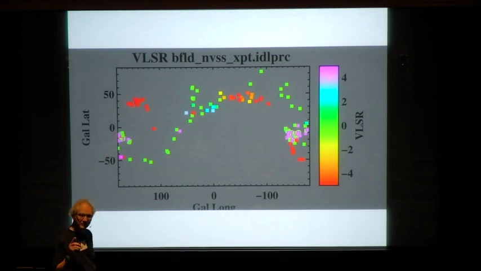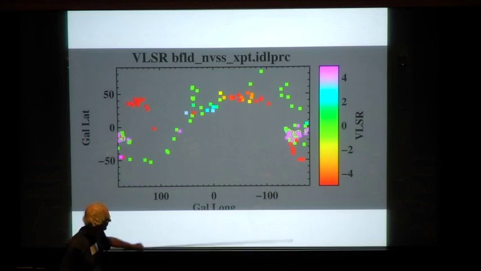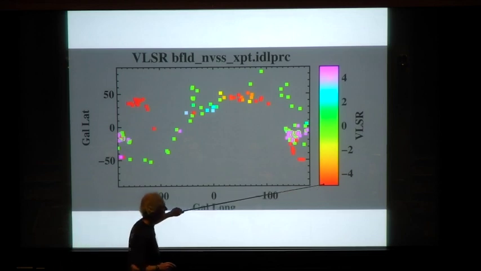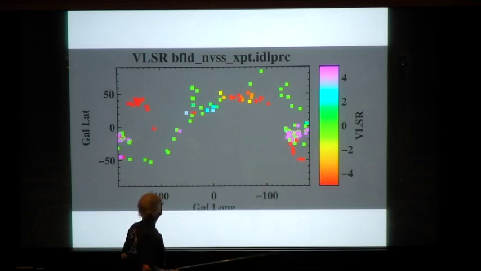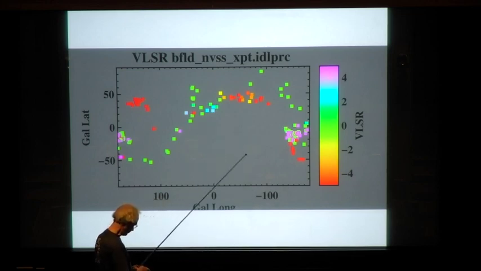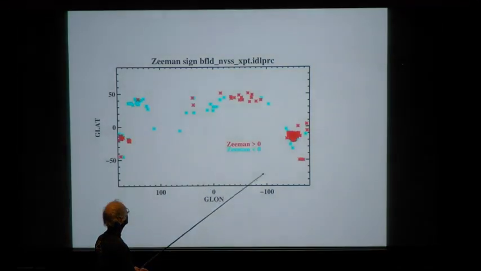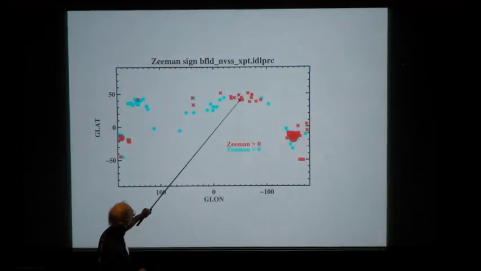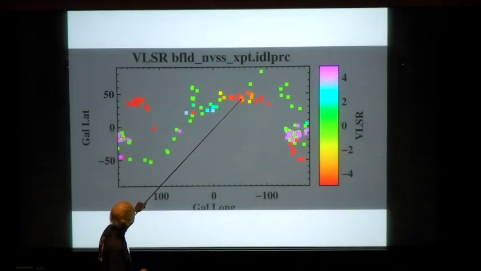After all, when we measure Zeeman splitting, we measure a particular component of velocity of the neutral 21 centimeter line. So here's the LSR velocity of the points for which we measured Zeeman splitting, and the nonconformist points here are up here. I'll just blink a little back and forth. So there's the nonconformists, there are the velocities.